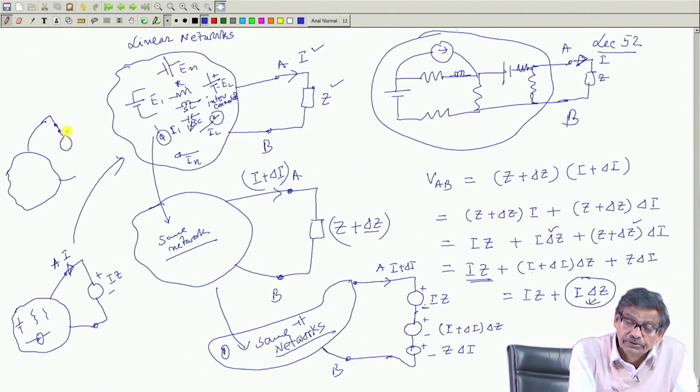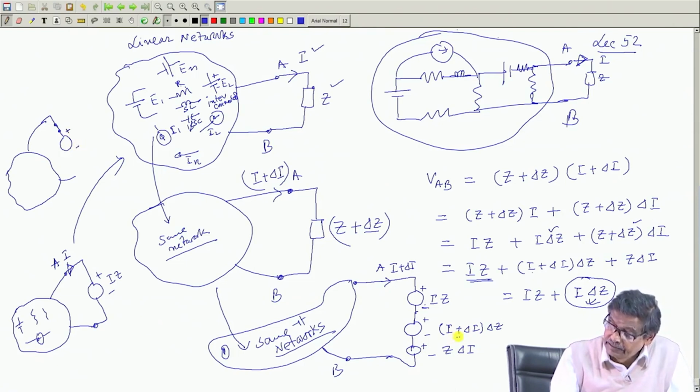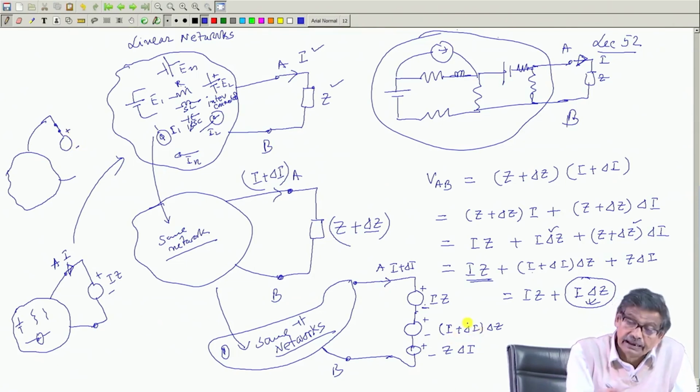One is this source, that is I plus delta I into delta Z, and then Z delta I, Z delta I. These two sources are present, suppose I say.